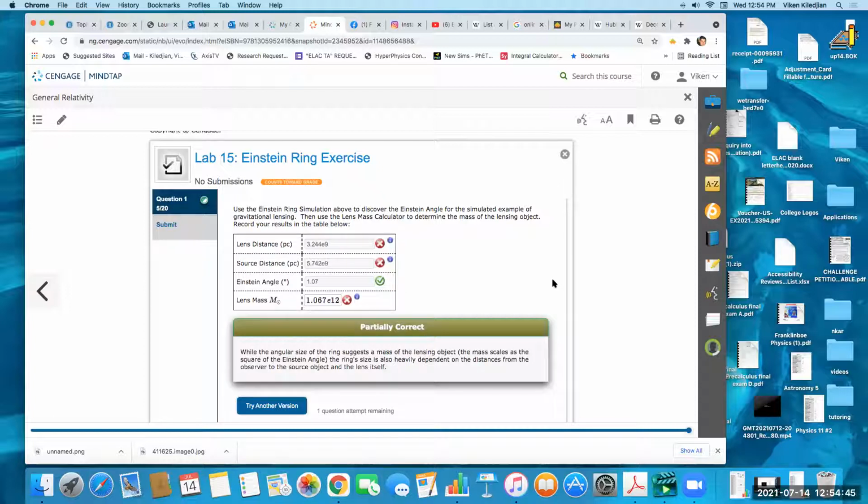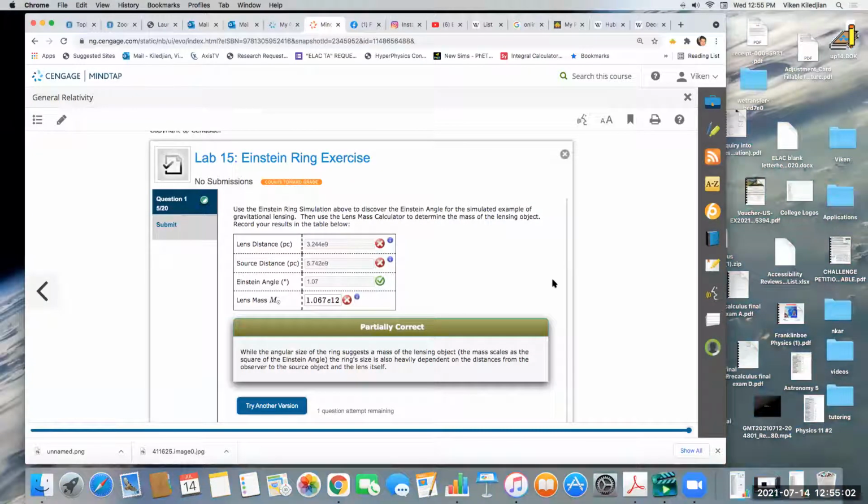While the angular size of the ring suggests the mass of the lensing object, the mass scales as the square of the Einstein angle. The ring's size is also heavily dependent on the distances from the observer to the source object and the lens itself. So I guess we could try one more time.